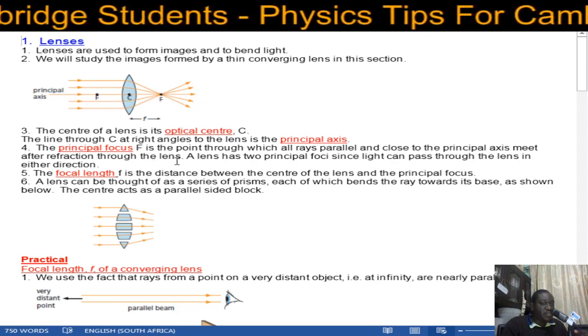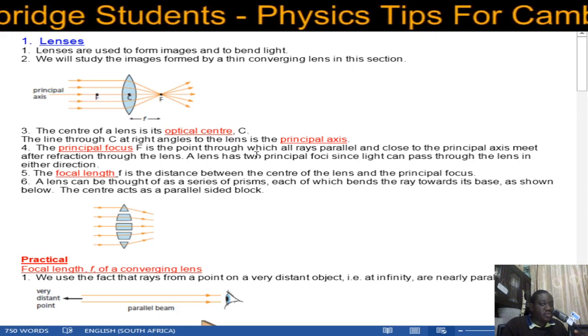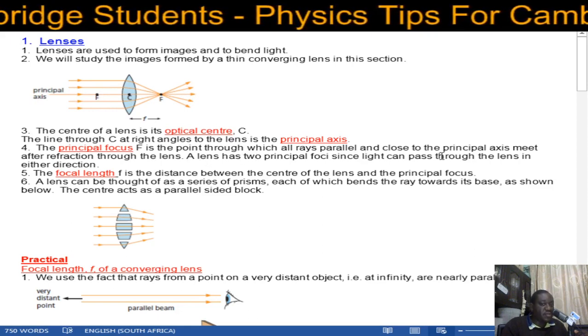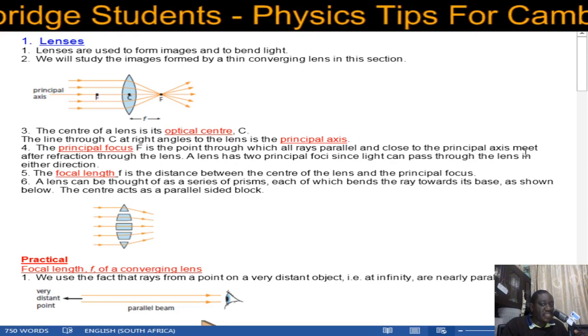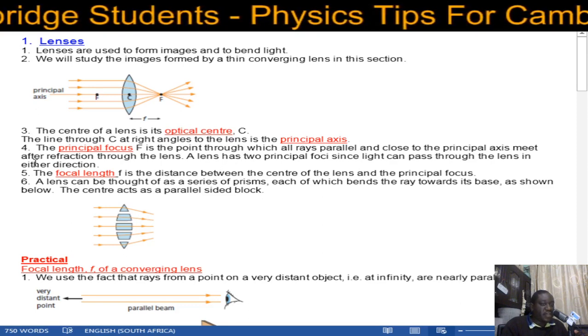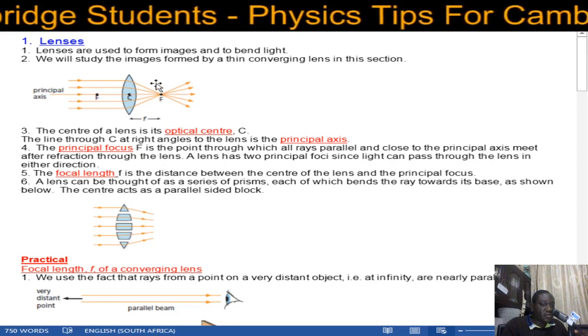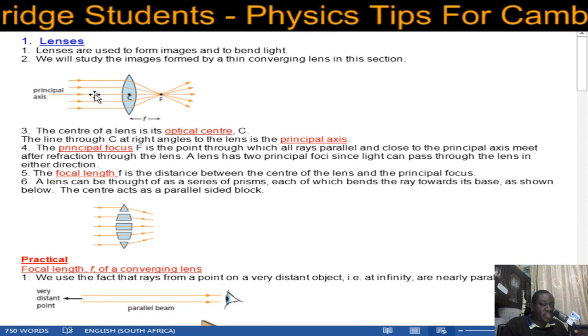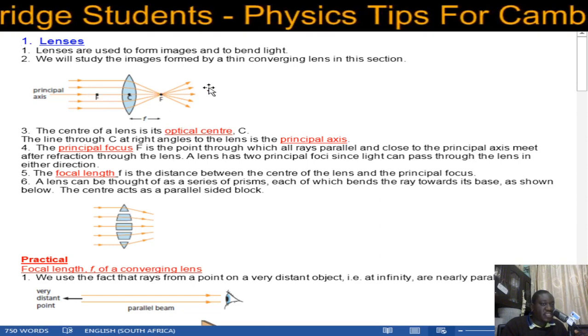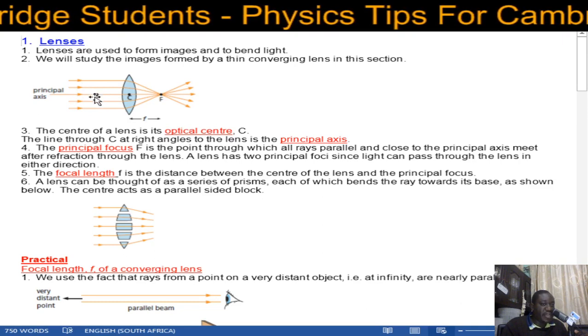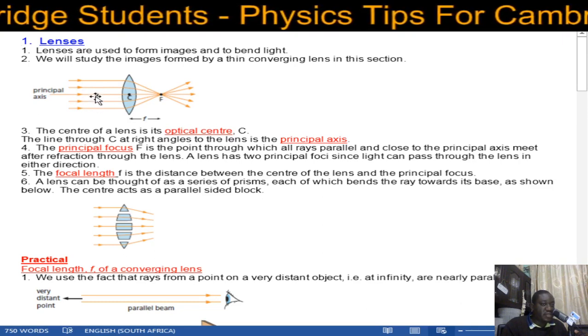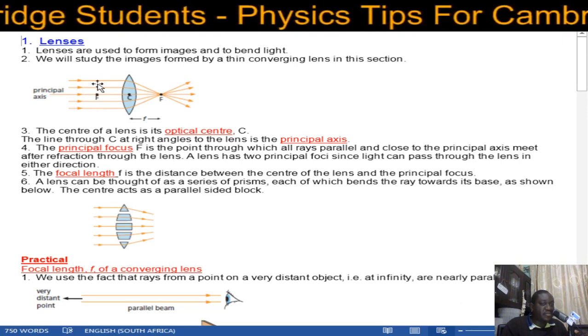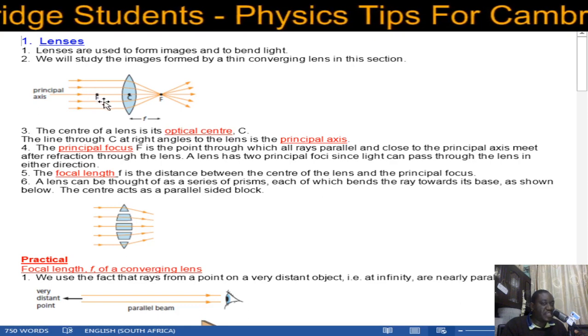The principal focus is the point through which all rays parallel and close to the principal axis meet after the refraction from the lens. So this is F there. Rays that are coming from the right will refract through this principal focus. The other name for principal focus is the focal point.